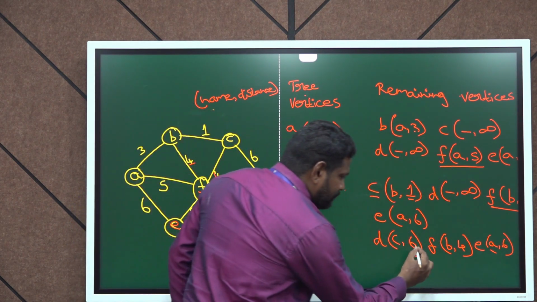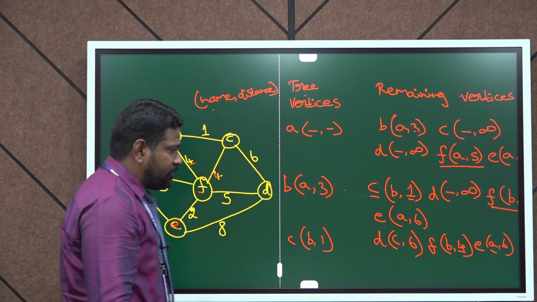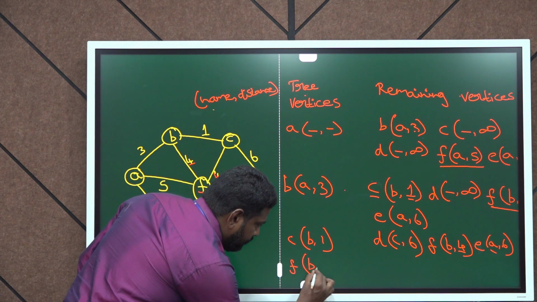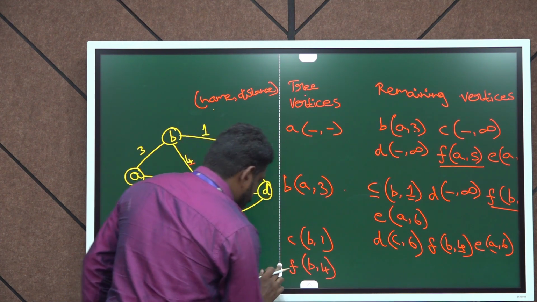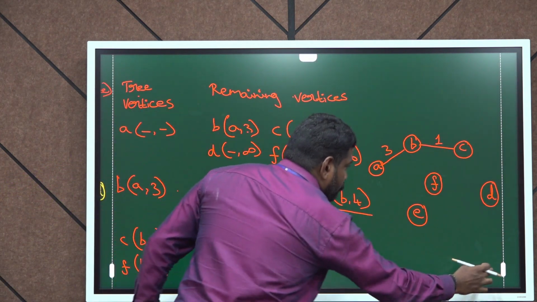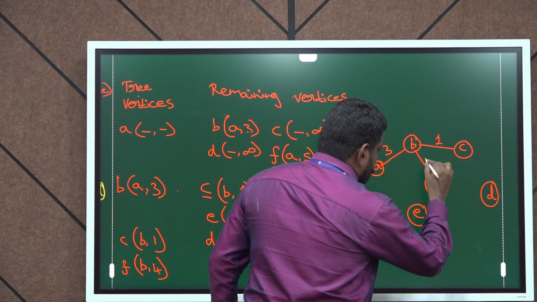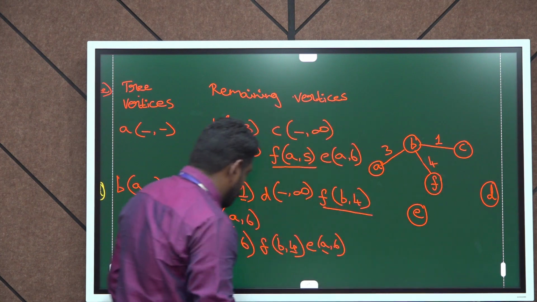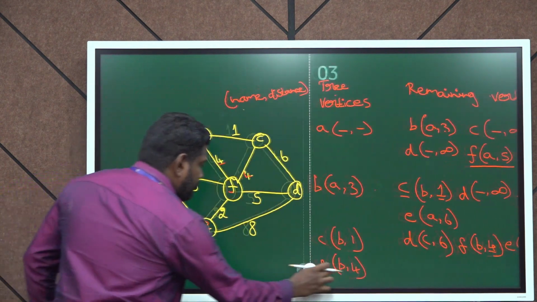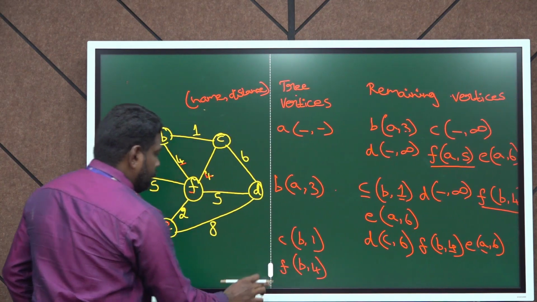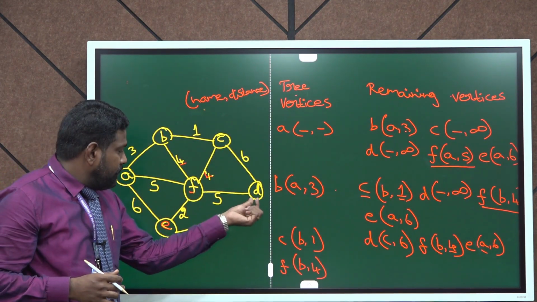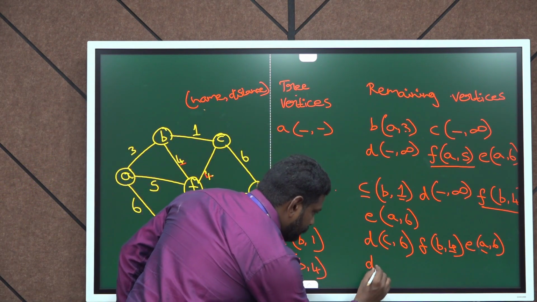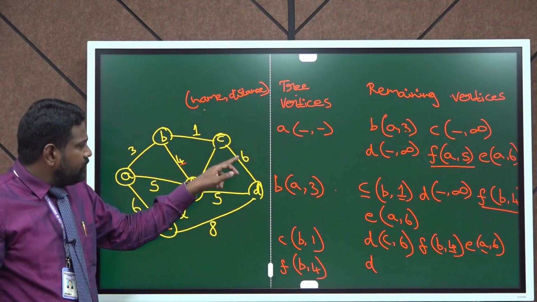Here you can see the minimum weight value is 4, that is from B to F. So that is going to be my next tree vertex, and we have to connect those vertices B comma F. That is going to be my next vertex. From F we have to check the remaining two vertices, D and E. Now, for D we already came from C, but the weight value is 6.